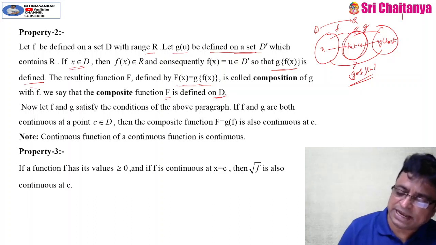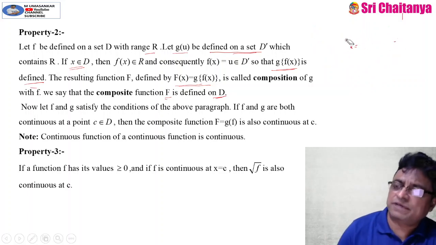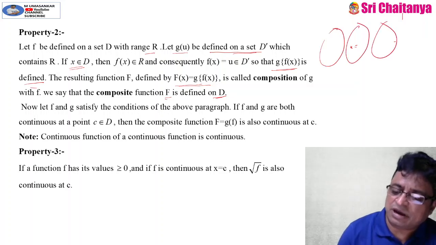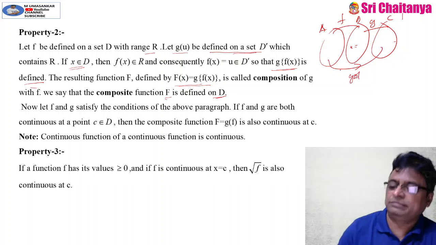So my friends, again, what is the definition of a composite of functions? In regular function language, you can say like this. Suppose f and g are like this: if f from A to B is a function and g from B to C is a function, then g circle f from A to C is called the composite of the functions f and g.